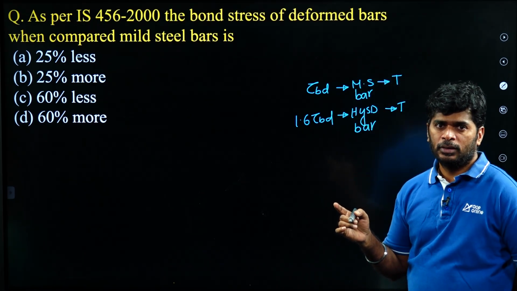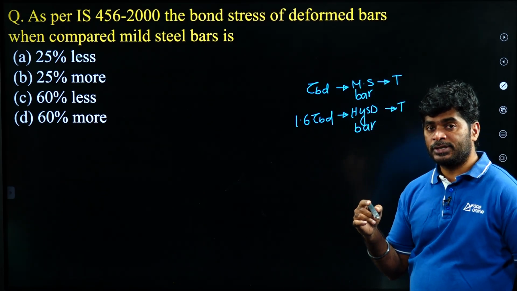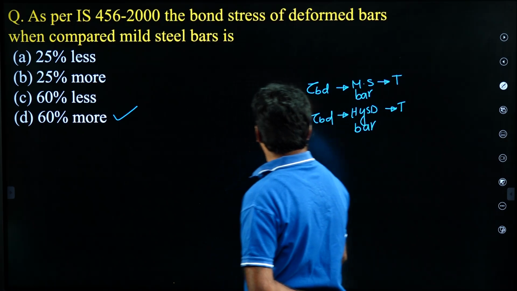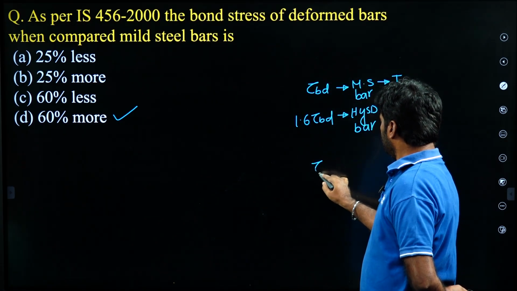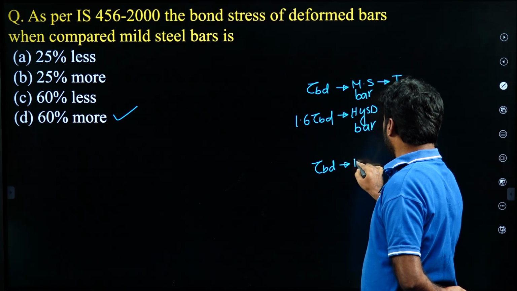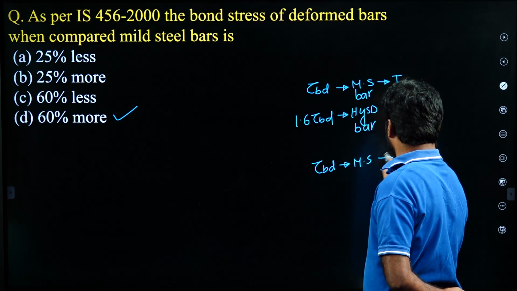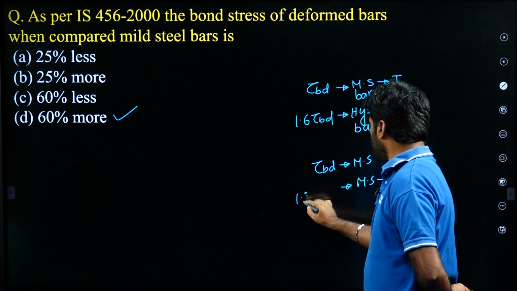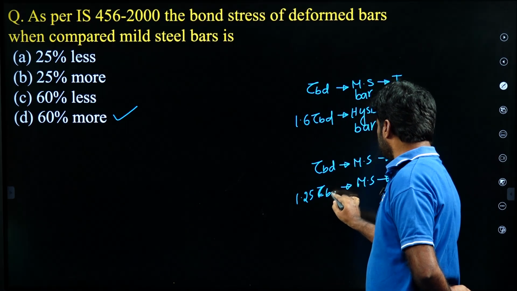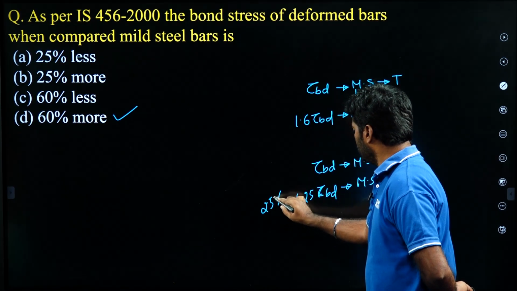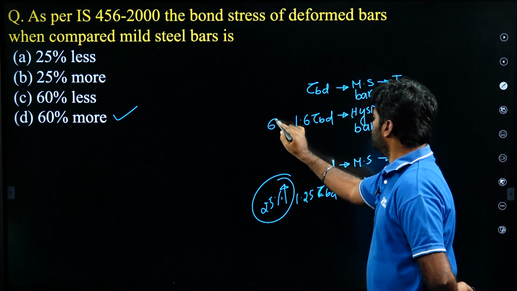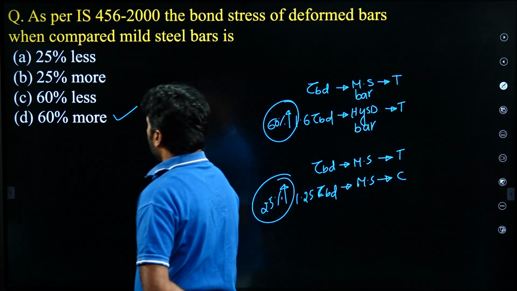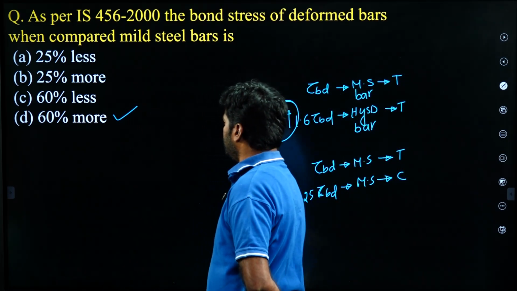Similarly, mild steel provided in the compression zone has bond stress 25% more. For HYSD bars, bond stress is 60% more. Option D is correct. Next question.